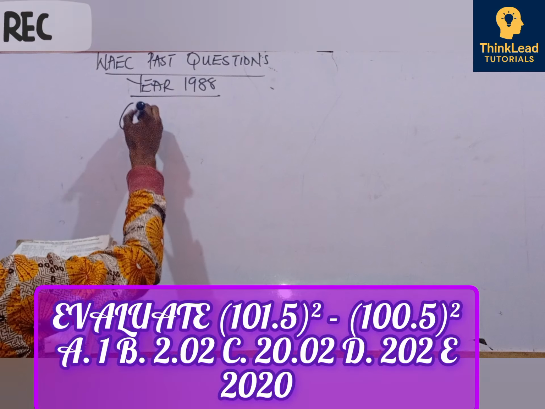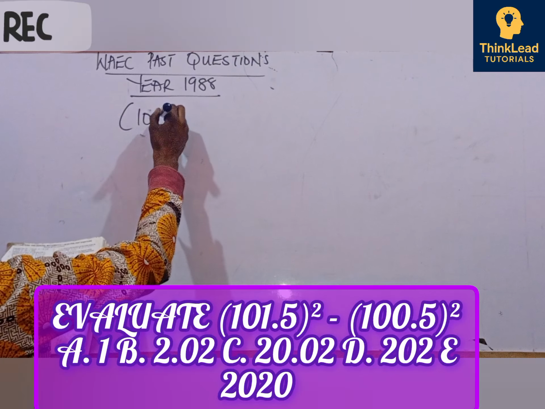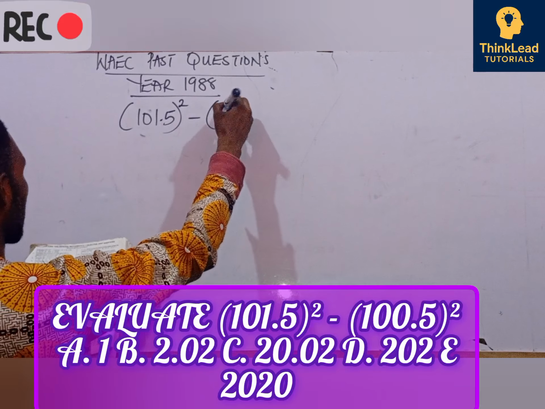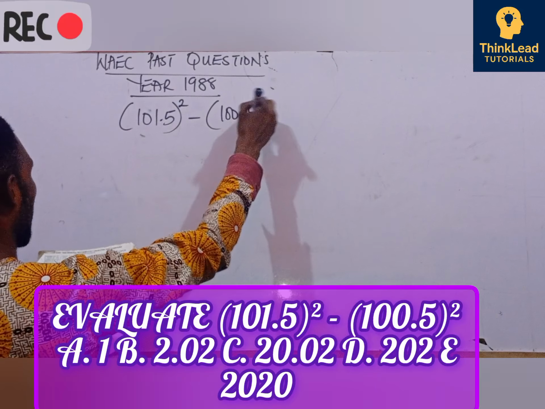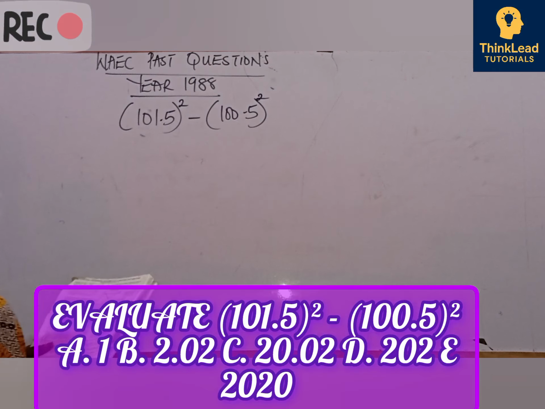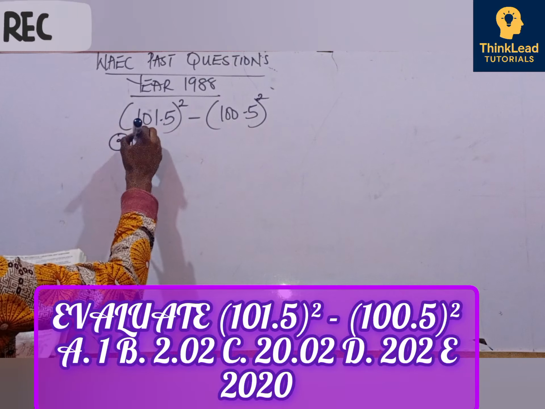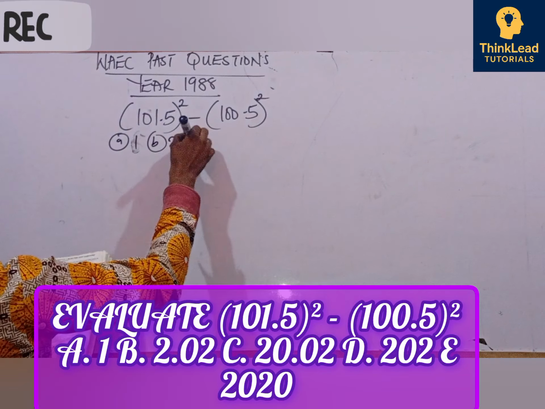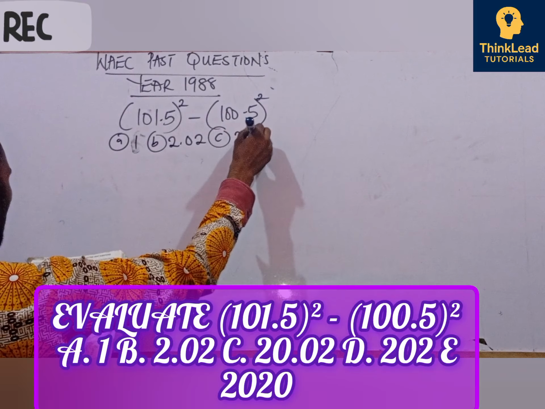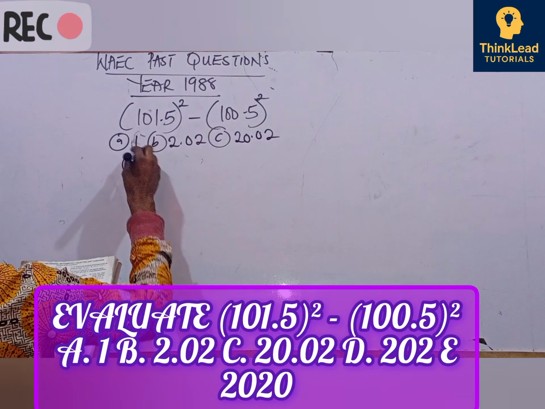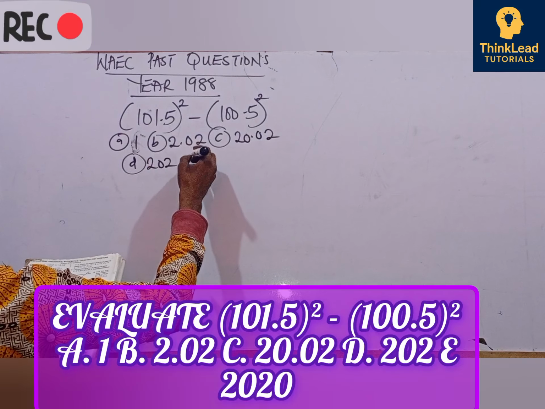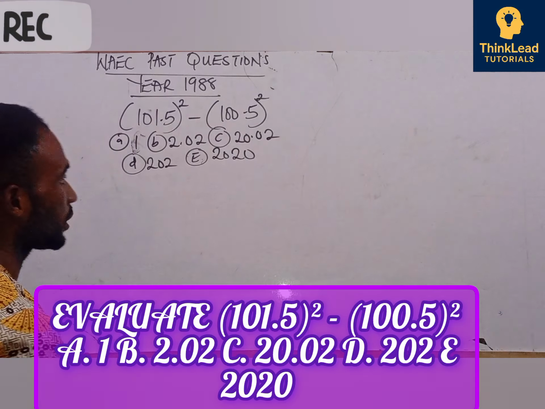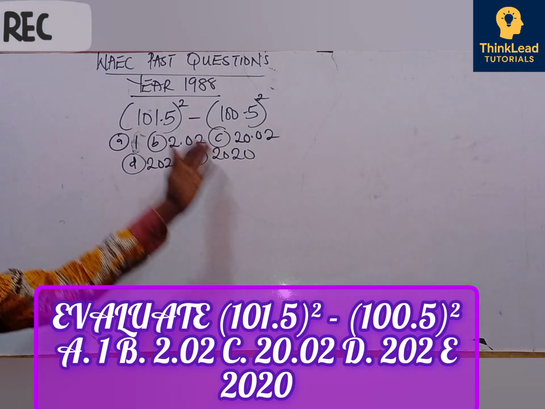We have to evaluate (101.5)^2 minus (100.5)^2. The options are A is 2, B 2.02, C 20.2, D 202, and E 20.2020. Now, first of all, how do we solve this question?